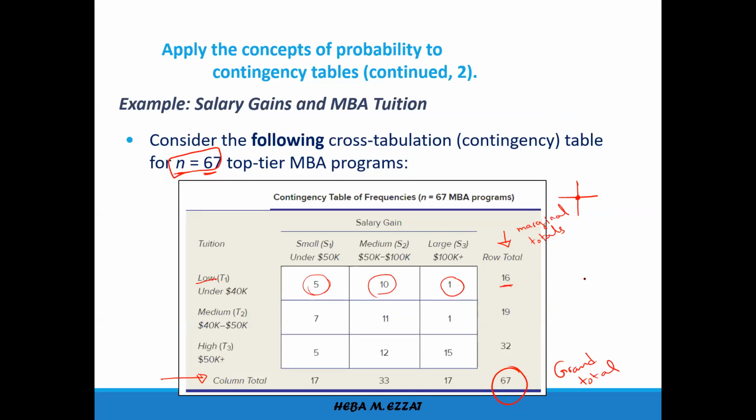So here, if we want to calculate the probability of paying low tuition, would it be 5 by 67?